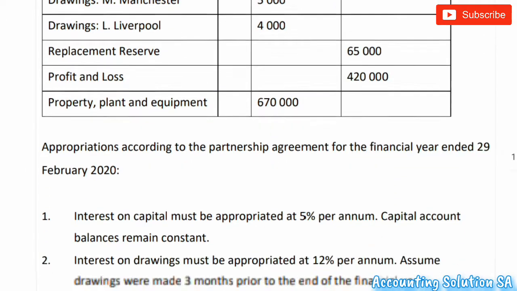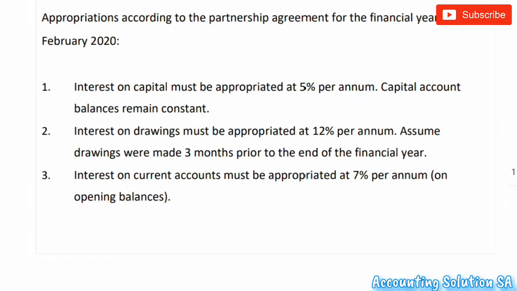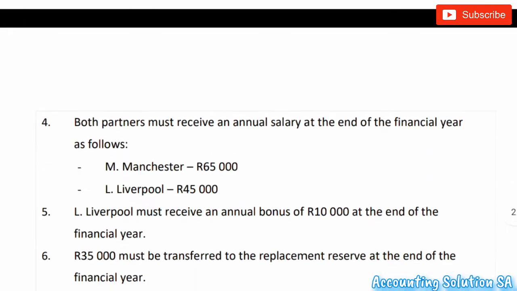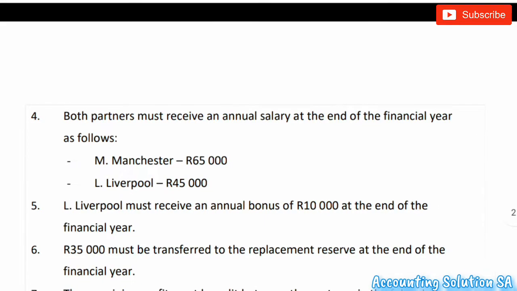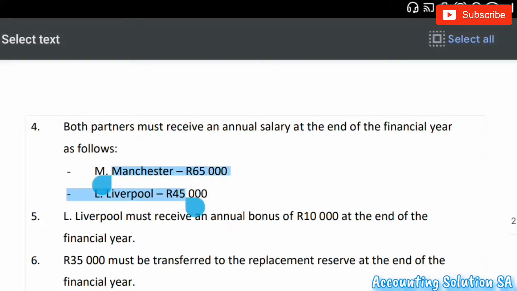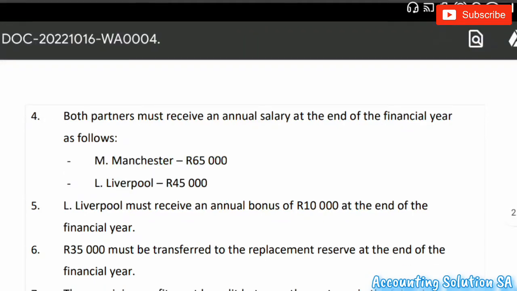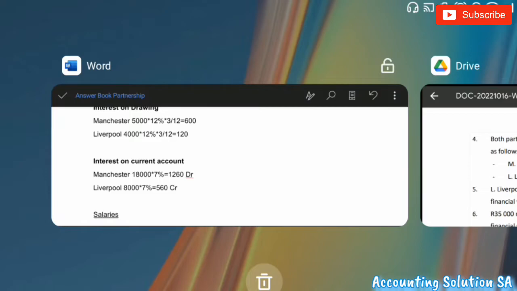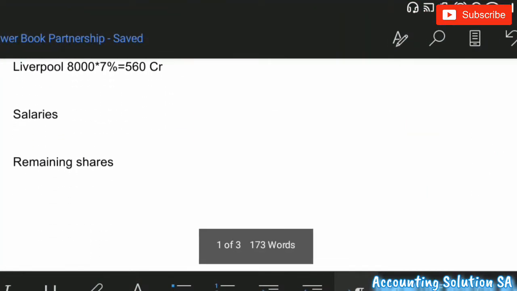The next one, they said number 4. Manchester earns a salary of 65,000, Liverpool 45,000. We just take these amounts and copy them and show them in our calculation.